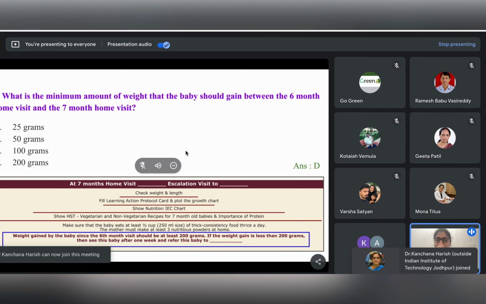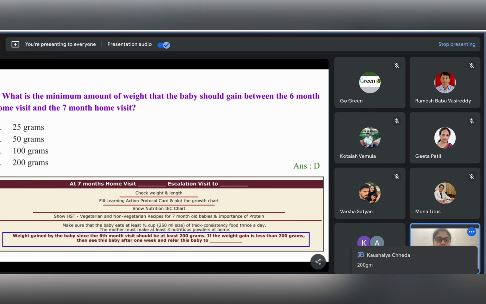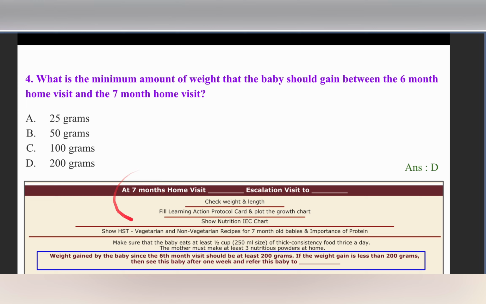Okay. So if we look at 7 months, we were discussing 8 months, right? Now, as we were discussing the frequency, the consistency and the amount of food given to the child: at 7 months of age, it is half a cup, with a cup capacity of 250 ml, of thick consistency food.